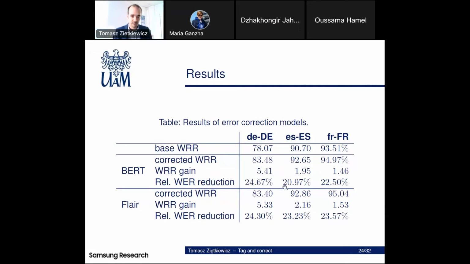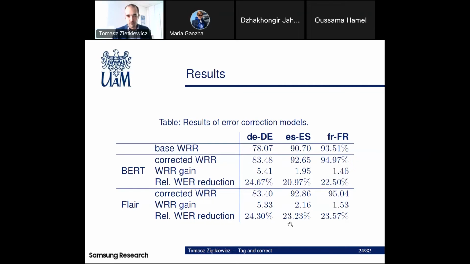This relative reduction allows us to compare results for different base results here. So we can compare results for an ASR which had only 78 word recognition rate and 93, because absolute numbers don't allow us to do it.